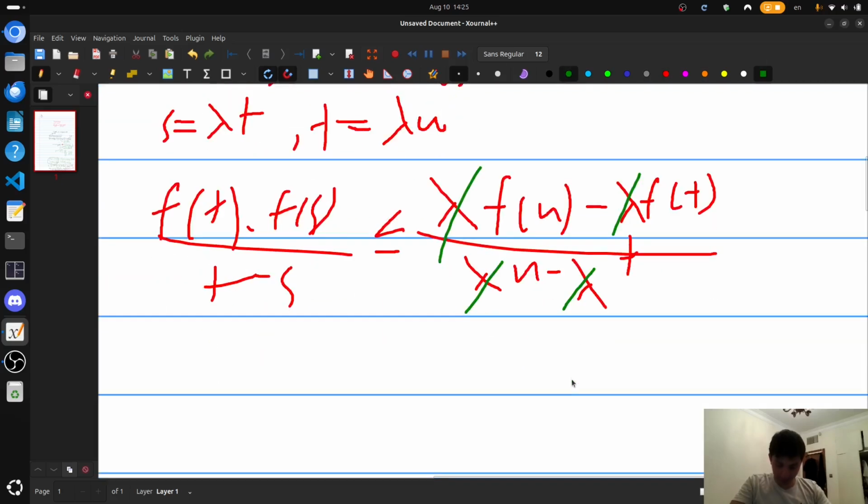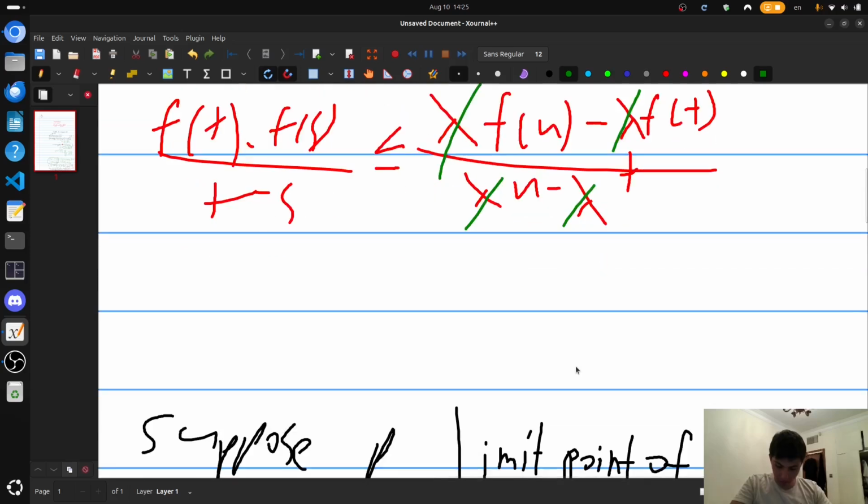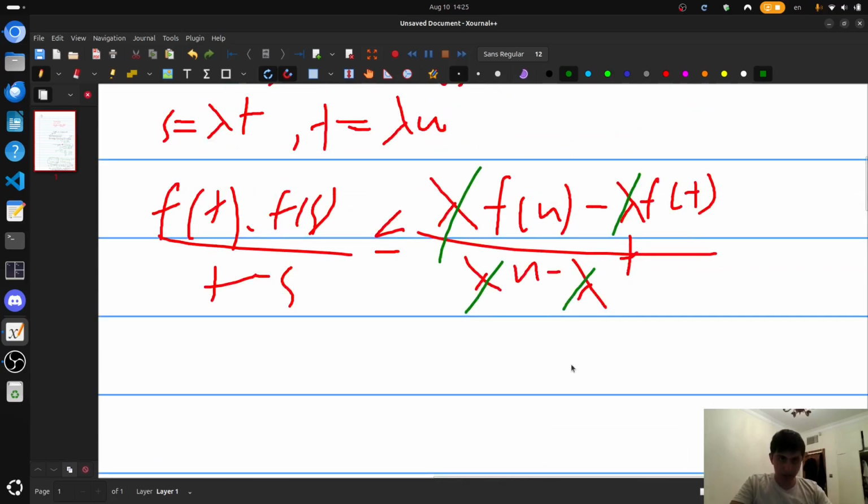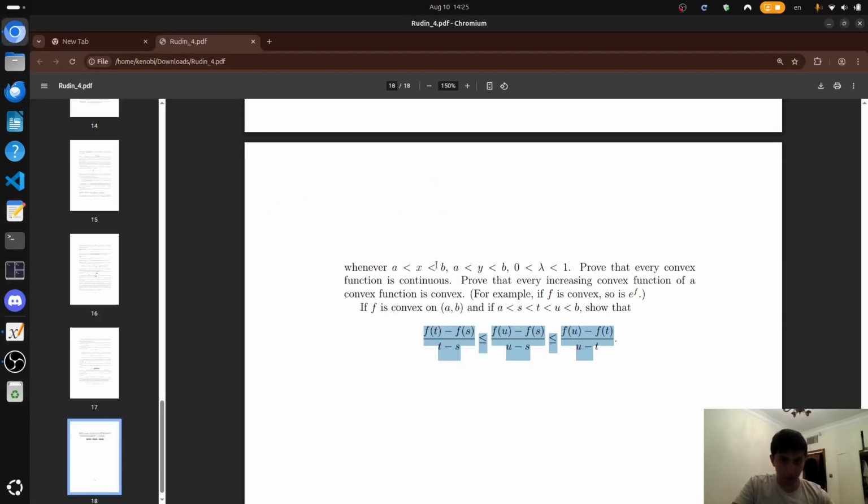When you want to get the second inequality, basically what we do, let me just check what the second inequality was. It was this thing over here.